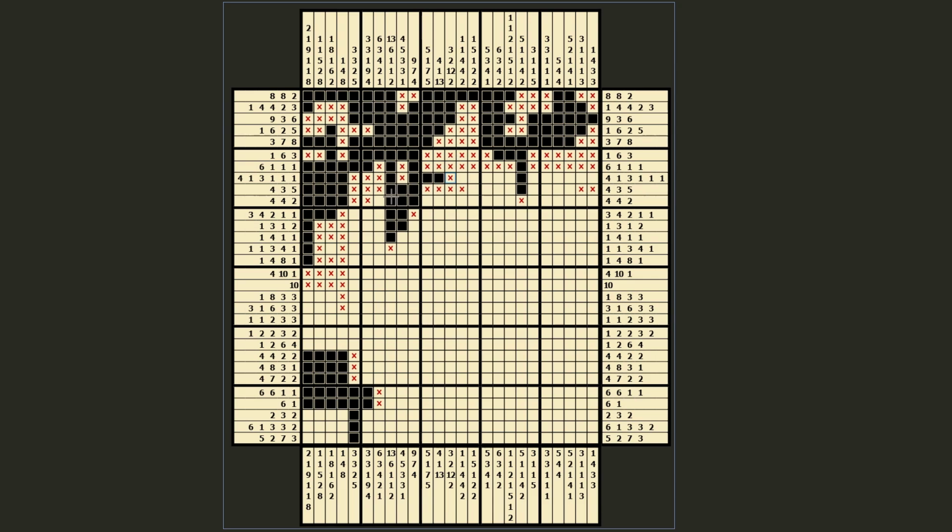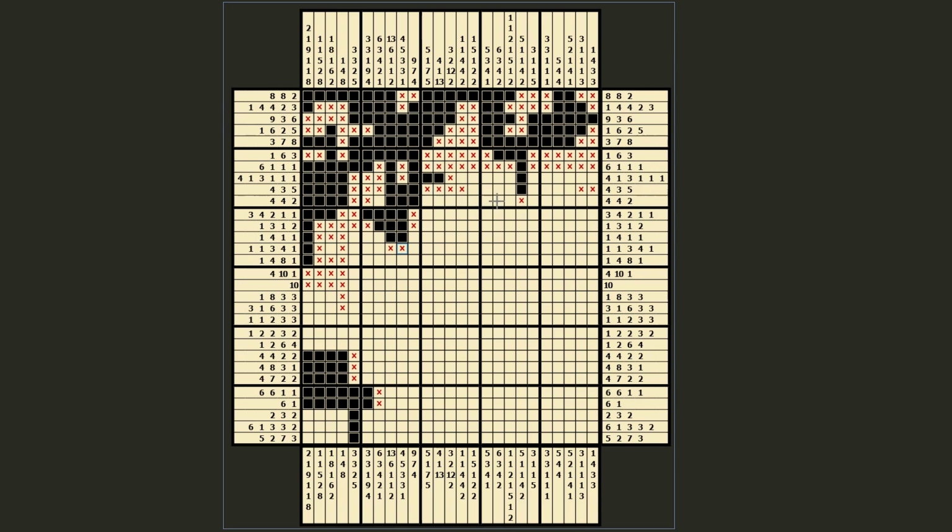This is the 4. This is a 1. This is a 3. Block that off. This is a 5. Yeah. Okay.